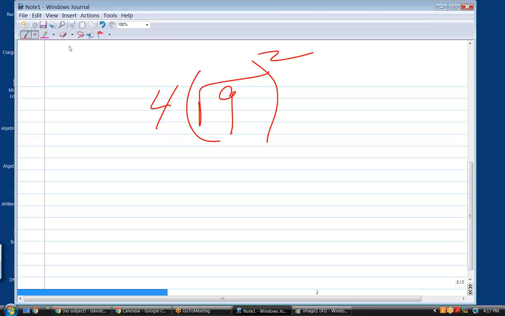To me, it's the same problem. This is identical to this. This 2 could only be applied to what's below it, which is the square root of 9. So, with or without the parentheses, what's that answer? 36. Yep, good. Let's go back and look at these geometry problems.